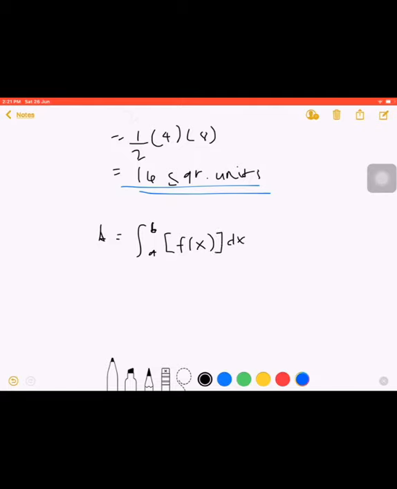As we know, y is equal to f of x, and y is equal to 8 minus 2x.